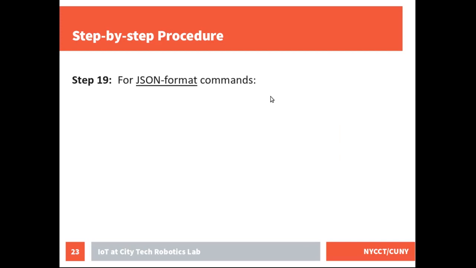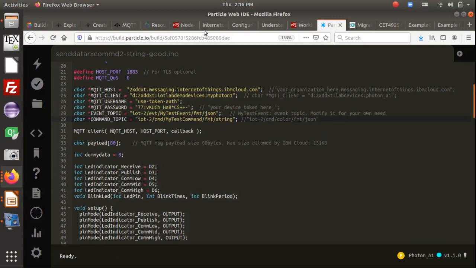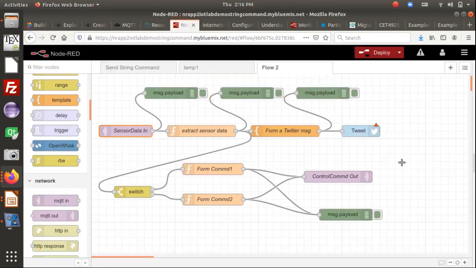If you want the Node-RED app to generate a JSON format command, of course, the first thing we need to do is to modify the Node-RED app flow to generate JSON format commands. Go back to the Node-RED app flow you created before, and we don't need to change that much here.